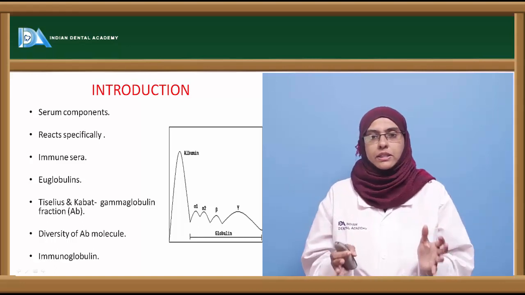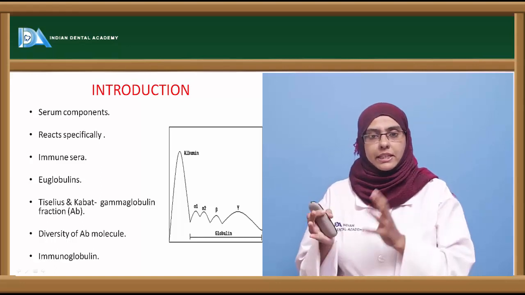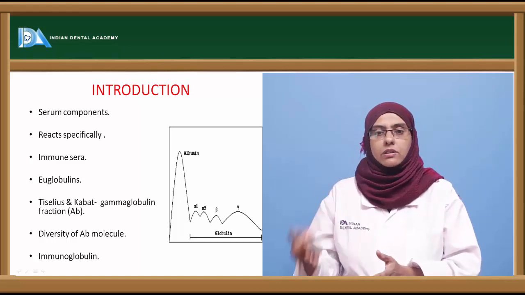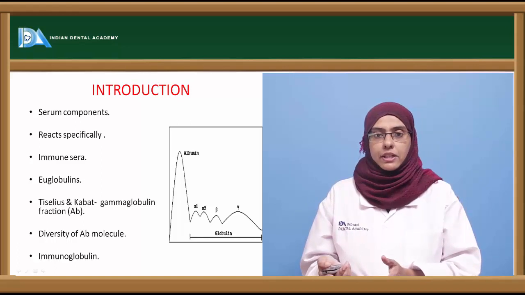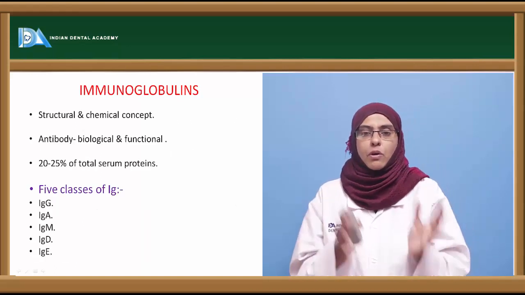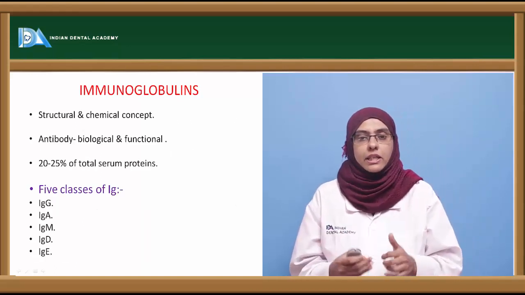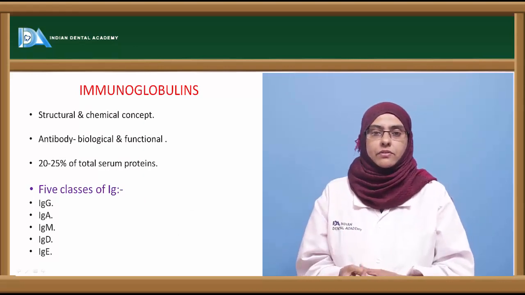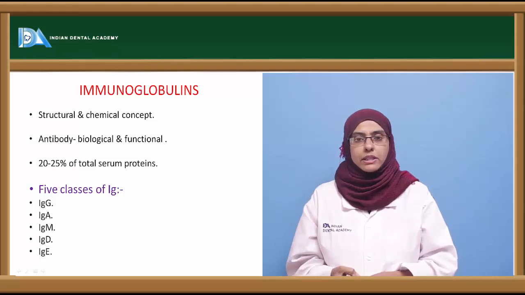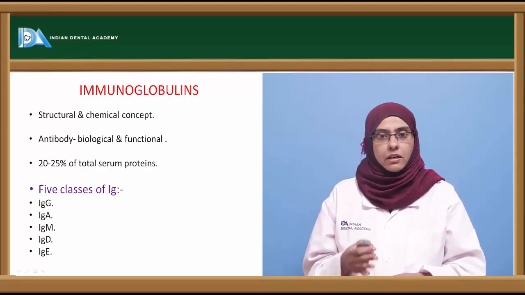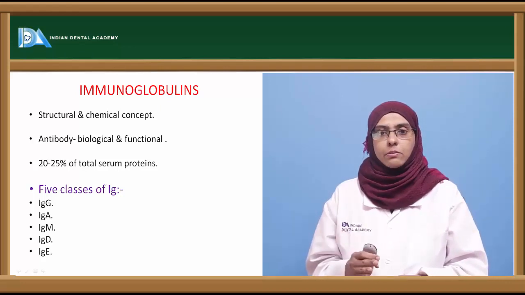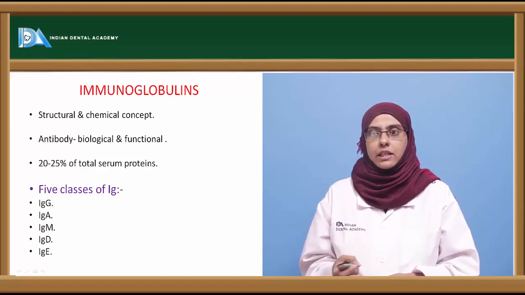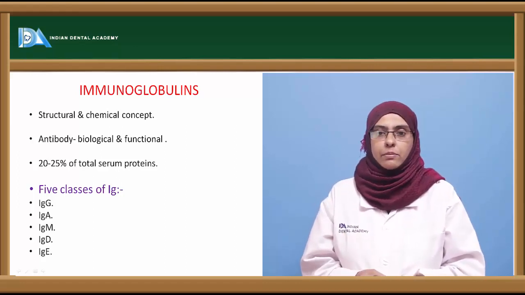These immunoglobulins contain the antibodies which carry out the humoral response of the immune system. So immunoglobulin is a broad concept, whereas the antibodies are the ones that usually carry out the major effector functions of the humoral branch. Immunoglobulins are a structural and chemical concept, you can say, whereas the antibody is the one that carries out the biological and functional properties of the immunoglobulin.